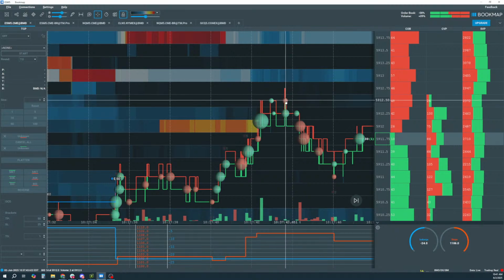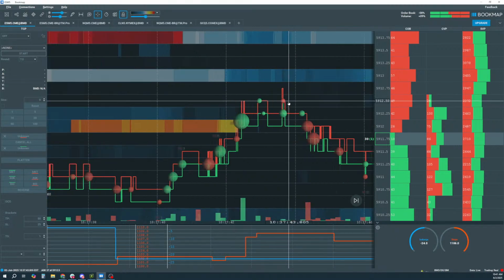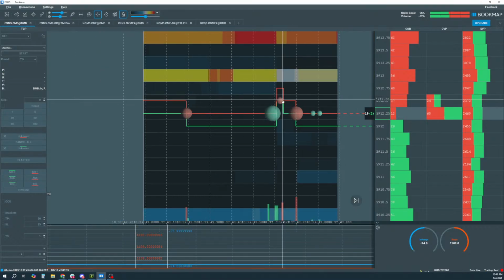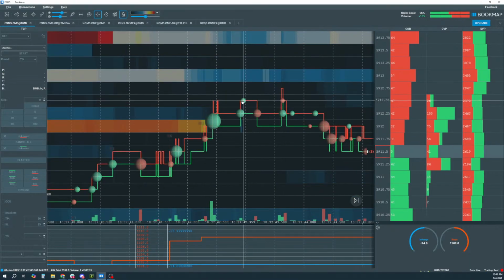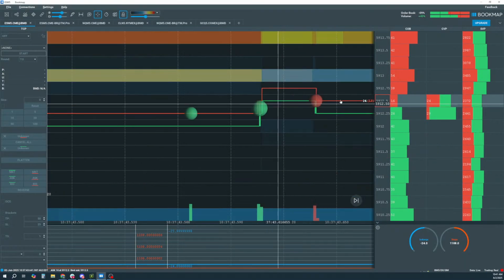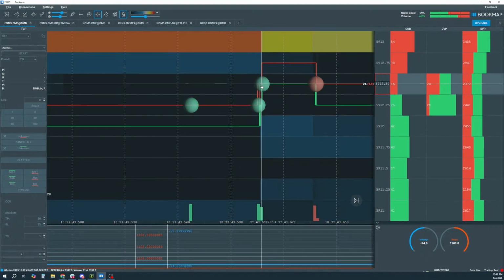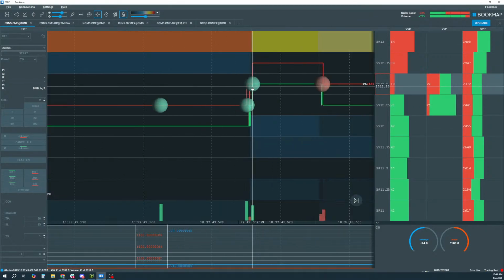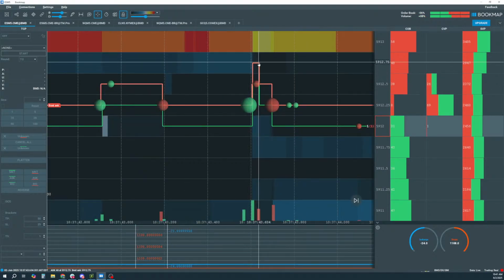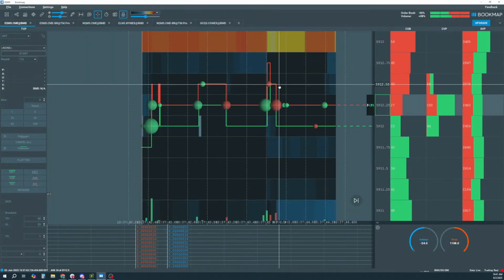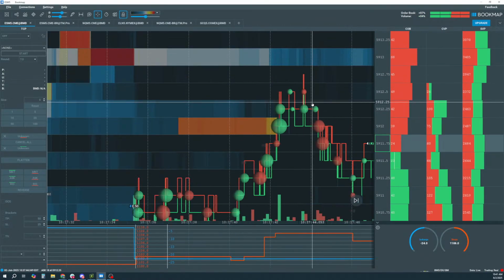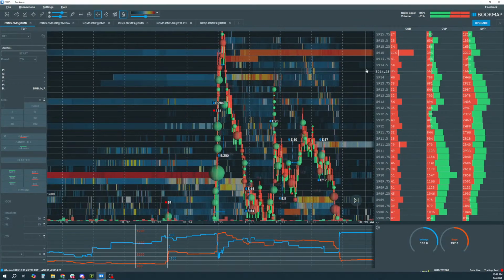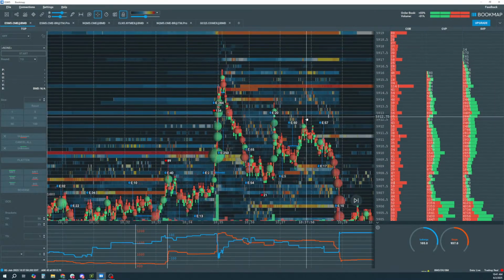There's a little bit of selling in here, in fact, on the way back down. So right in there, this is our last buyer. And the auction has now failed up higher. So this is really good to see. So we understand now a context, Sniper Trader. We can't get back up higher.